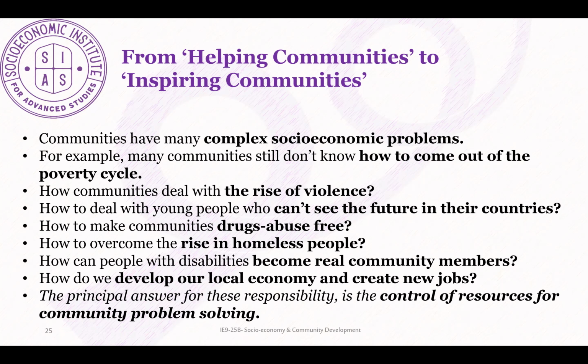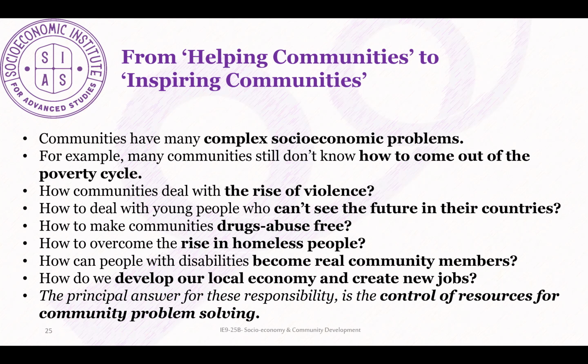This means that we need to deal with the rise of violence, and with young people who can't see the future in their countries.